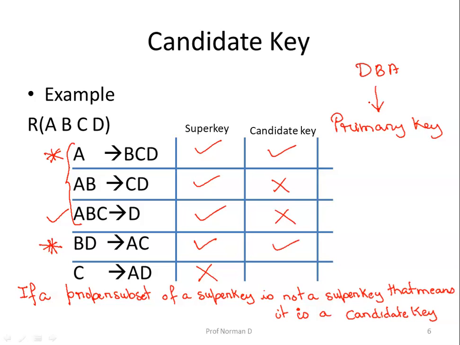Now the database administrator is left with two options, either to pick A as the primary key or BD as the primary key. So it totally depends upon the database administrator which attribute he will pick to act as a primary key. So we have seen what is a super key, what is a candidate key and what is a primary key. We will solve some problems to determine the candidate keys in the next session.